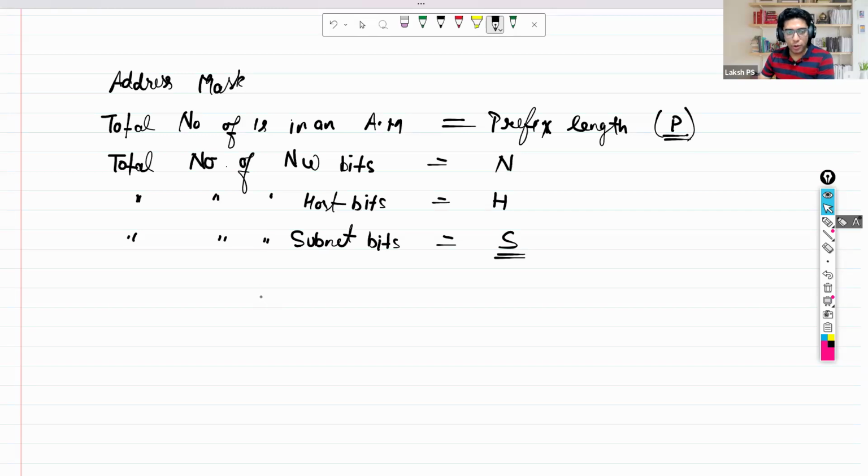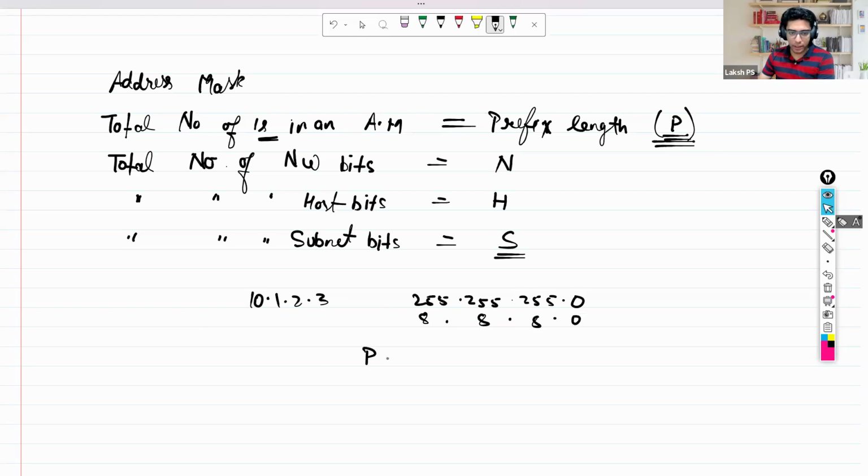So, if I am writing an IP address 10.1.2.3 with an address mask of 255.255.255.0, for example, what will be the prefix length or the total number of ones in the address mask? We will have 8 ones here, 8 ones here, and 8 ones here.